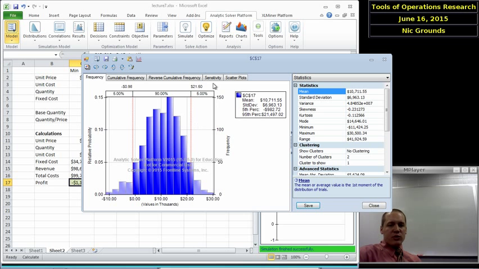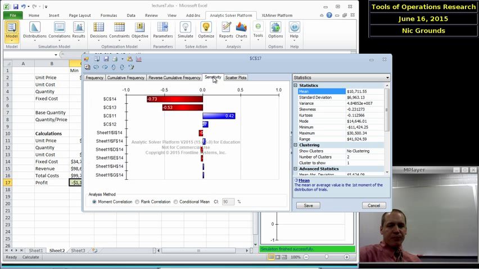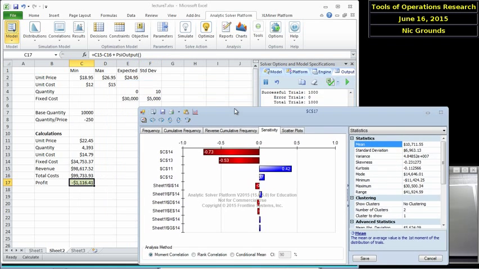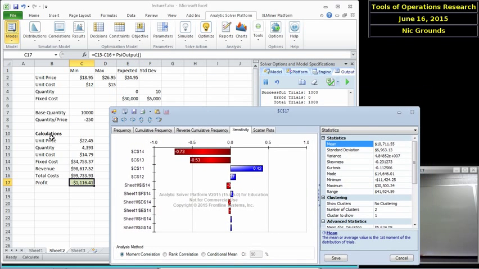And again, we can use this sensitivity tab to tell us which parts of the model affect profit more than any other, and how much more they affect profit than other cells. So for example, C14, which is the fixed costs, affects profit more than any other individual cell.